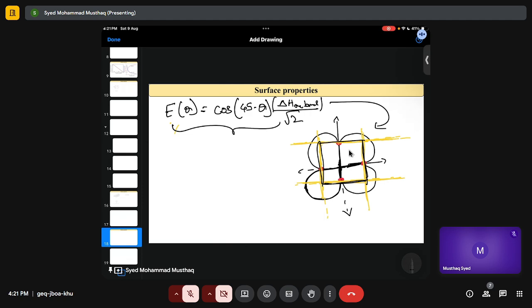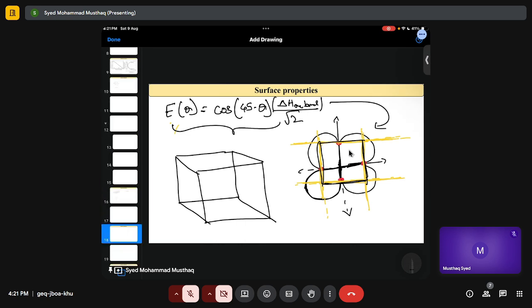So if we take FCC, this relation will change, right? Because of the atomic planes. So for FCC, let me draw. Let's say these are my atoms, the corner atoms.